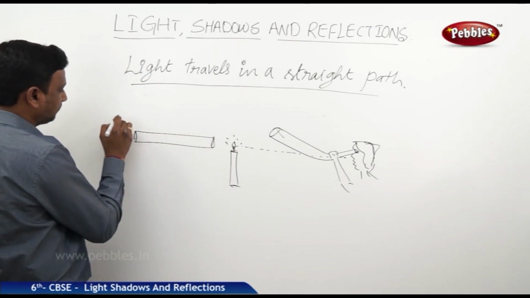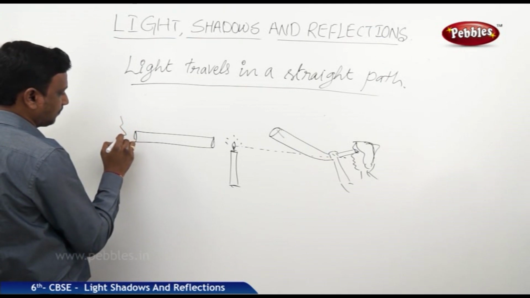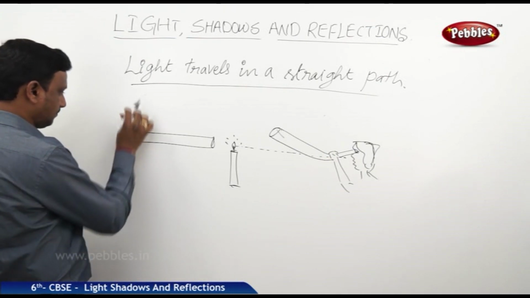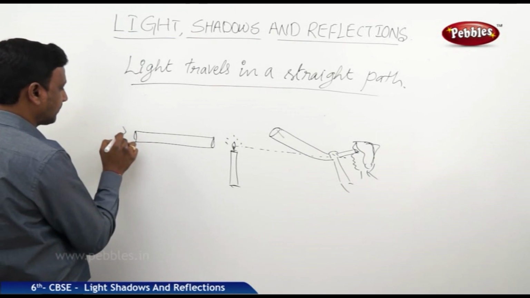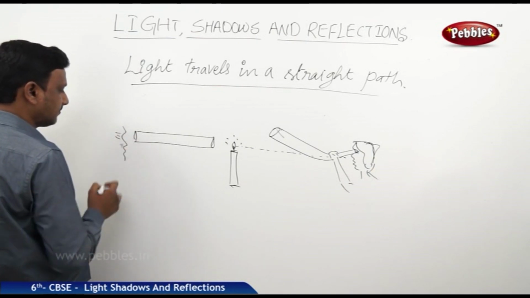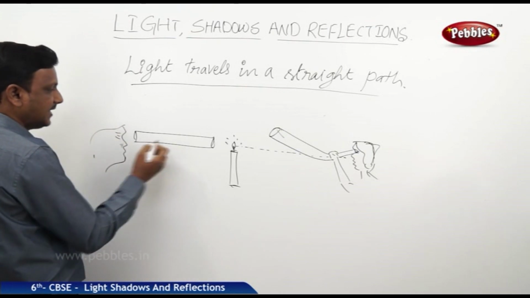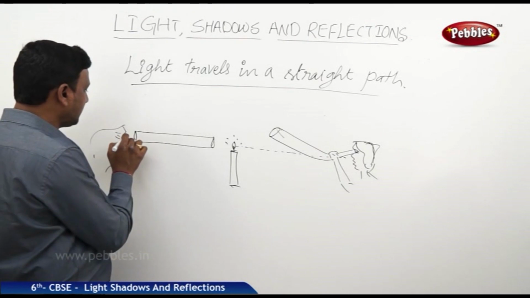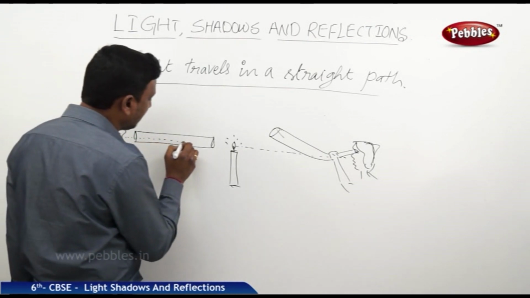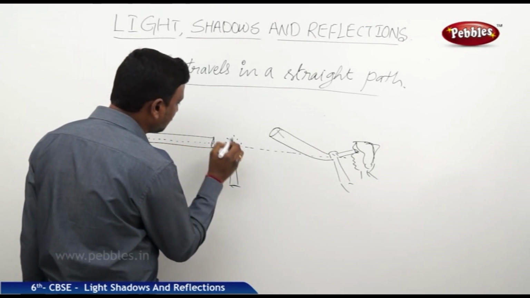Here we have one more boy. So he is looking at the candle through the pipe. So in this case, if you see, his eye is exactly straight to the light.